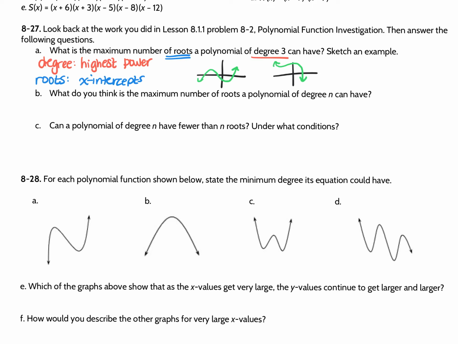And those could possibly be ones that have degree of 3. And if we look at the number of roots that we see here, this one has 3 roots, and this one has 1 root. So the maximum number of roots would be 3.